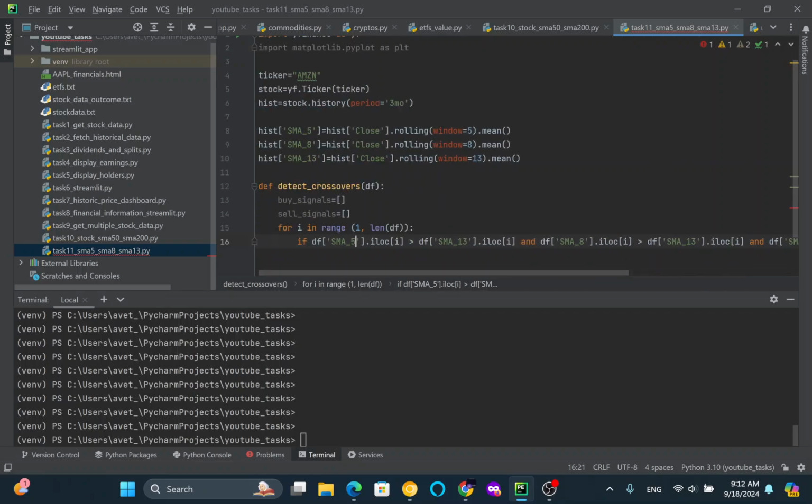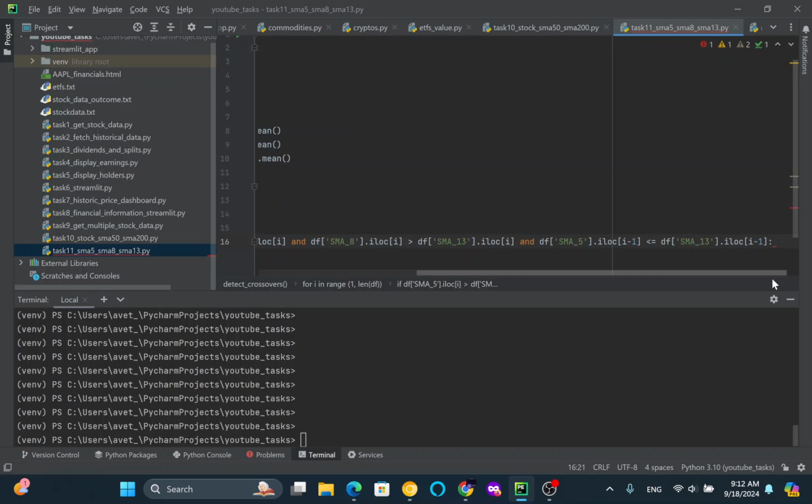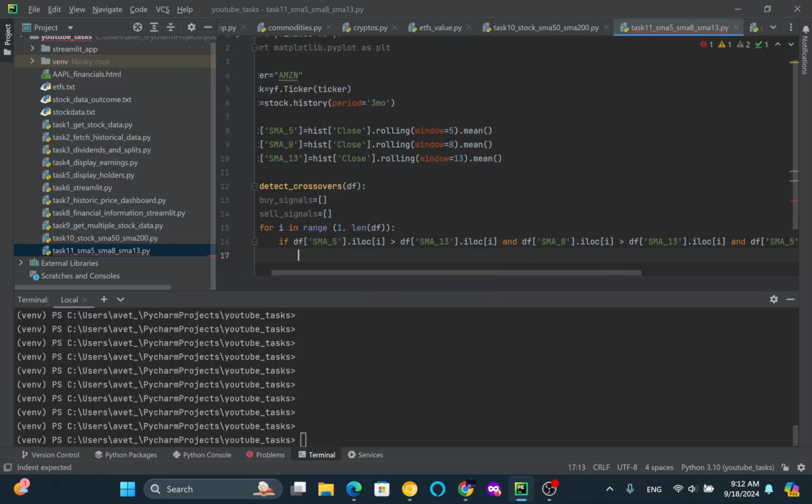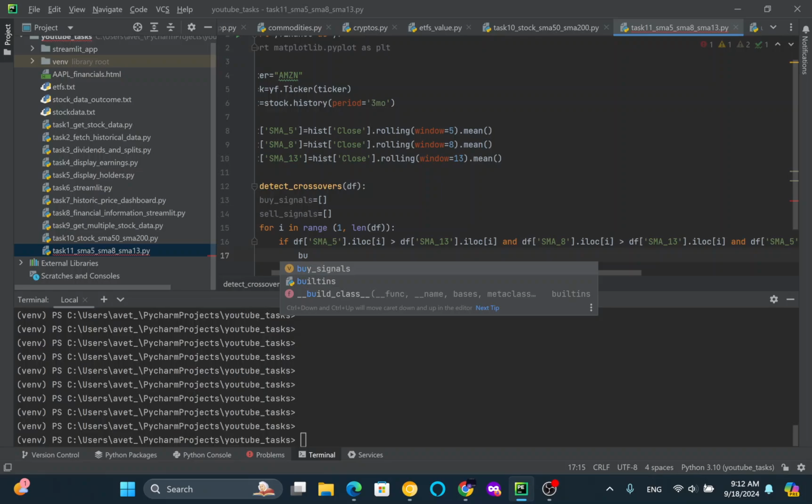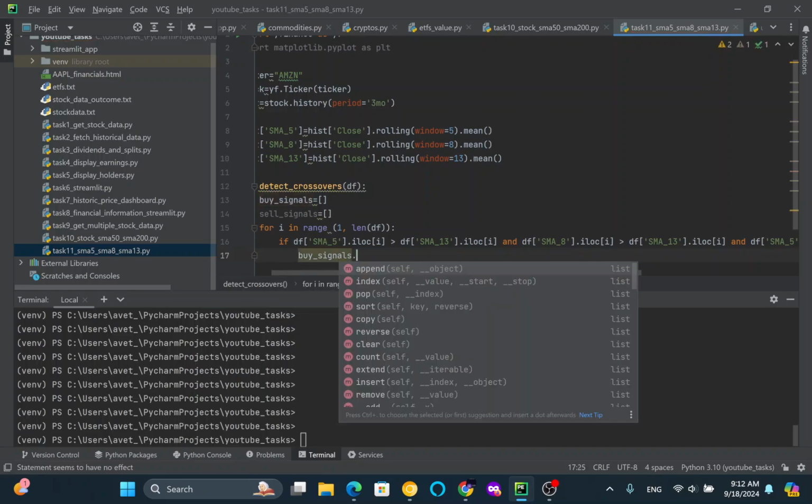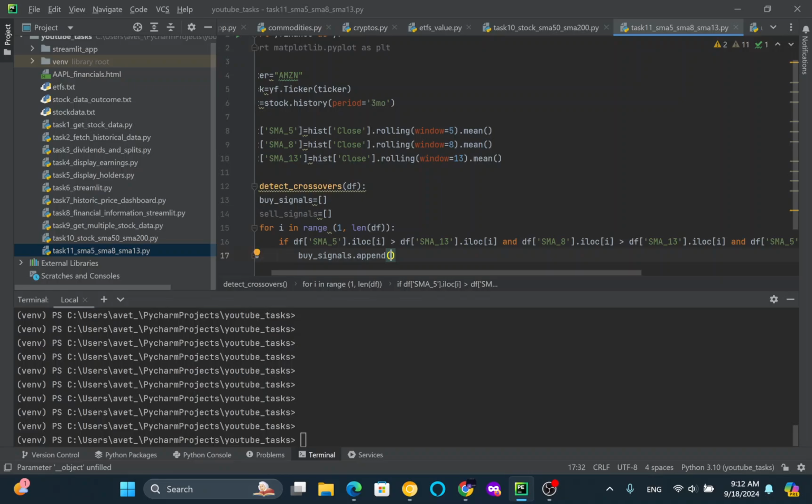When this happens, we need to do the following. Buy signals append: we are going to add the specific data frame index to our buy signals.